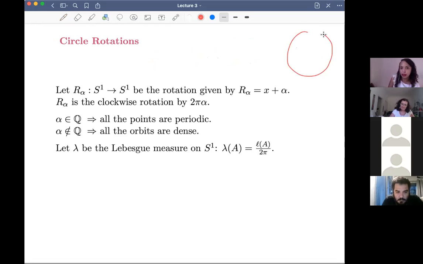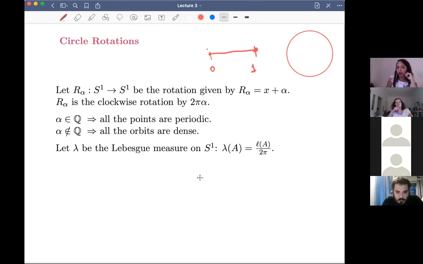You can think of the interval [0, 1], and your circle is just identifying 1 with 0. You glue these two points, and then you make a circle, okay? So you take the length of the interval, but then you glue it.